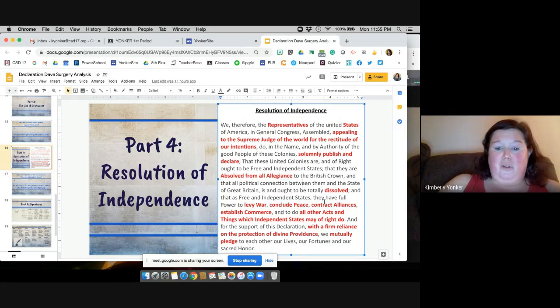And we have the full power to have the rights of any other country, equal rights that any other country on earth has. We can levy war, start wars, we can make peace, we can make alliances, we can establish commerce, trade, and do all other acts and things which independent states do. Now, in this case, states is capitalized. At this time period, state means country.